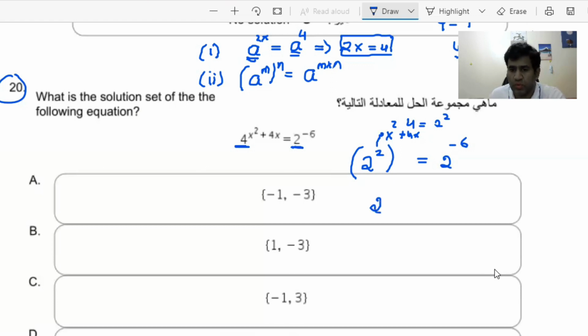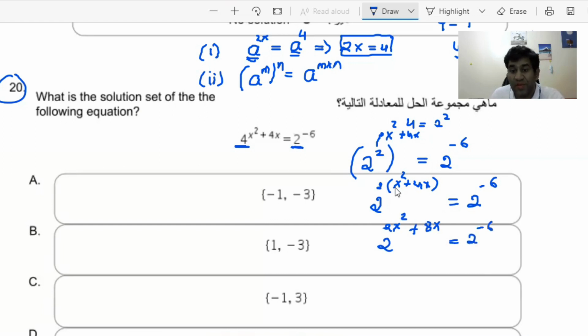So this can be written as 2 to the power 2 times x square plus 4x is equal to 2 to the power negative 6. Distributing throughout, this can be written as 2 to the power 2x square plus 2 times 4x, which is 8x, is equal to 2 to the power negative 6, isn't it?